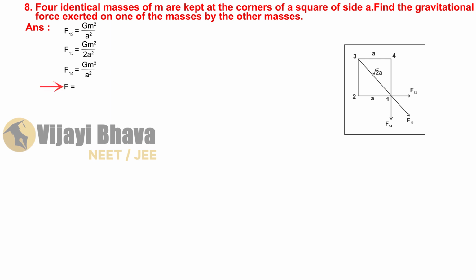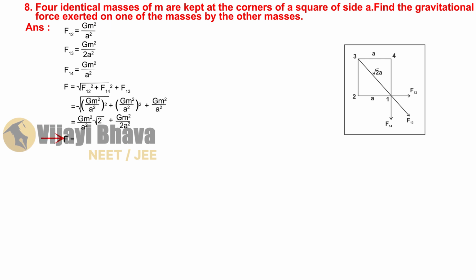F is equal to square root of F of 1 2 square plus F of 1 4 square plus F of 1 3. This is equal to square root of GM square by a square whole square plus GM square by a square whole square plus GM square by 2a square, which is equal to GM square by a square into root 2 plus GM square by 2a square.